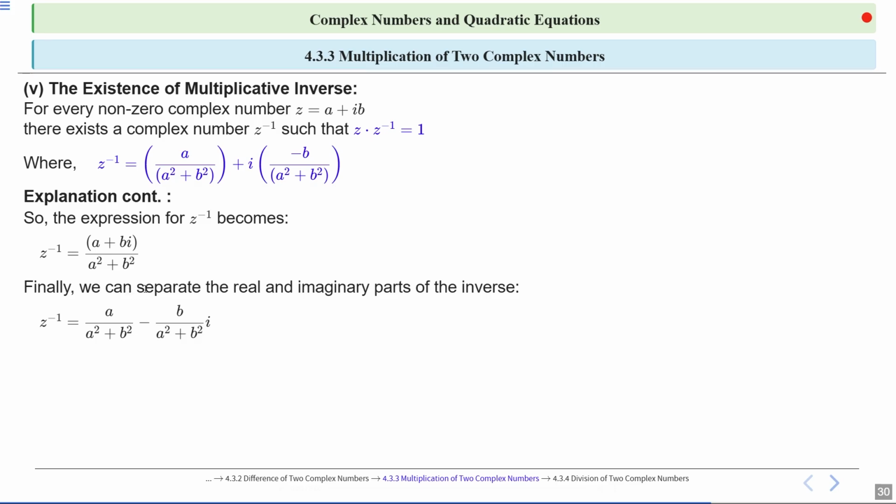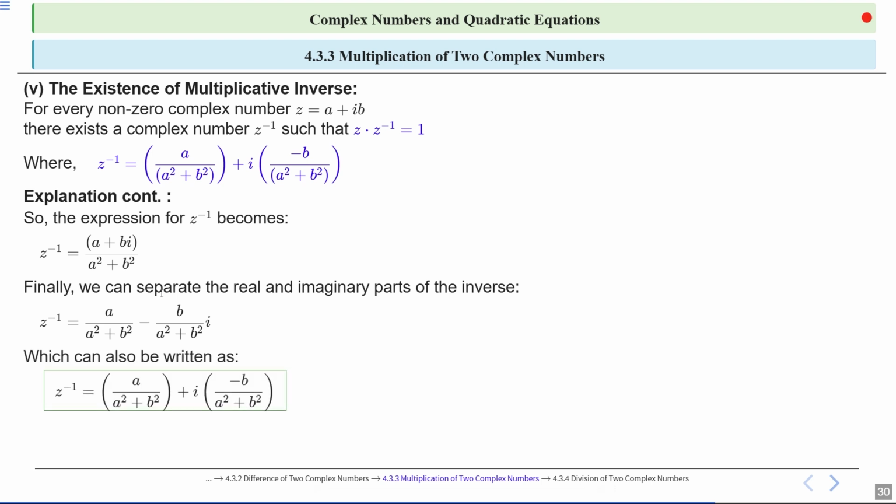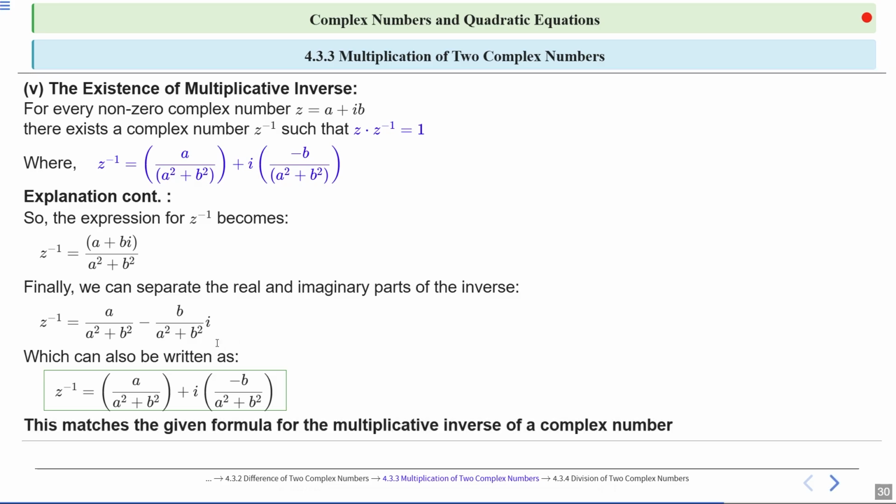So z inverse equals a divided by a square plus b square minus b divided by a square plus b square times iota, which can also be written as z inverse equals a divided by a square plus b square plus iota times minus b divided by a square plus b square. So this matches the given formula for the multiplicative inverse of a complex number.